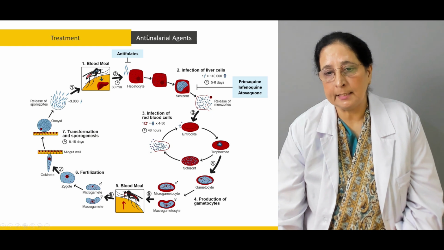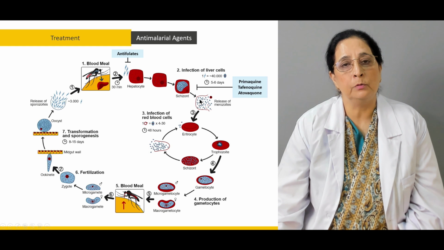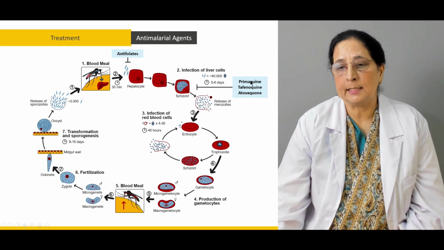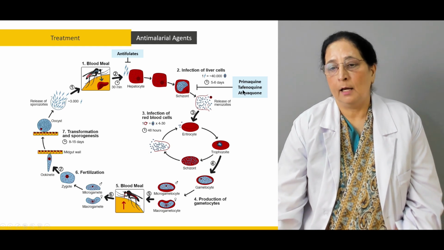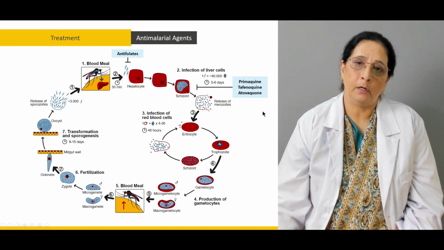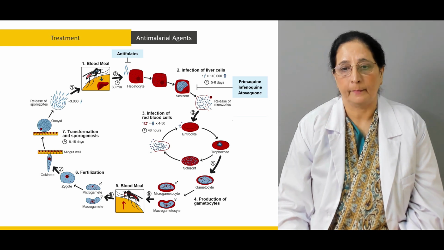Then in the second stage, when the merozoites are about to be released from the hepatic cell, at this stage we can try primaquine, tafenoquine, and atovaquone. So all these are used in the second stage.